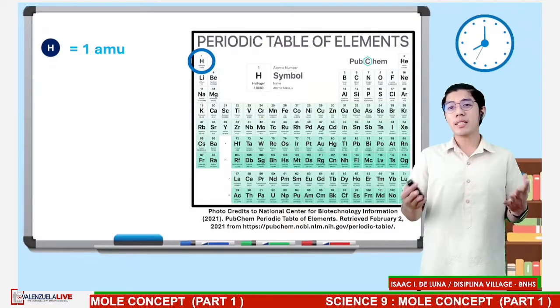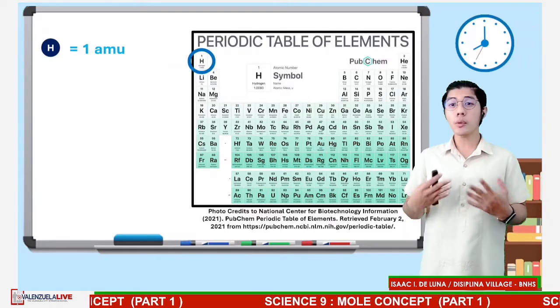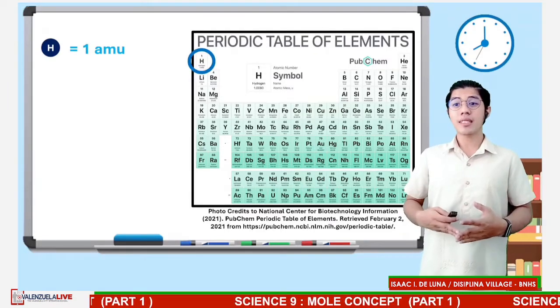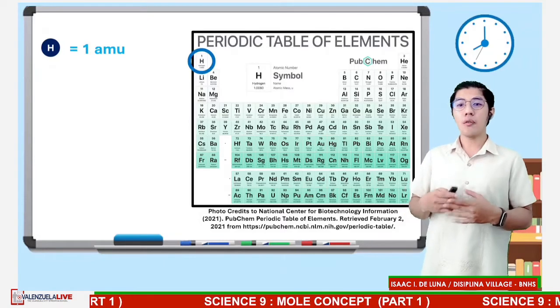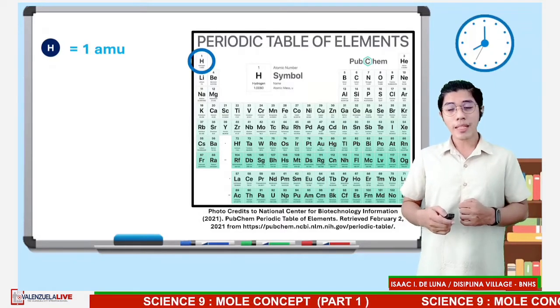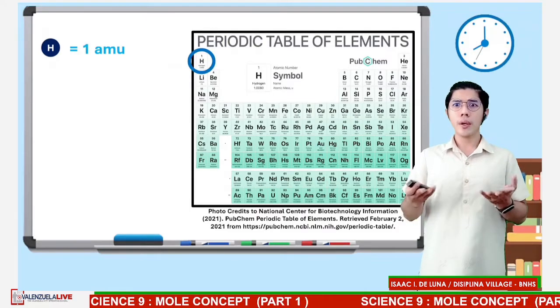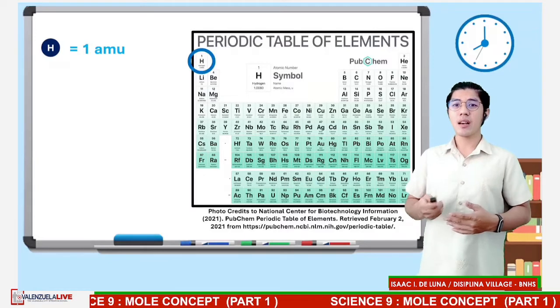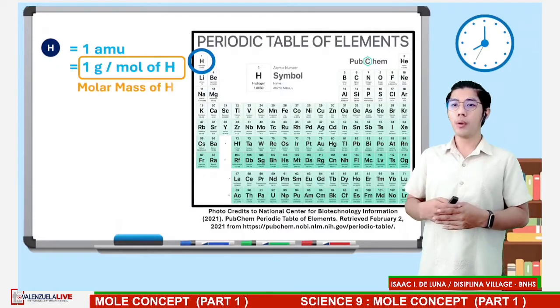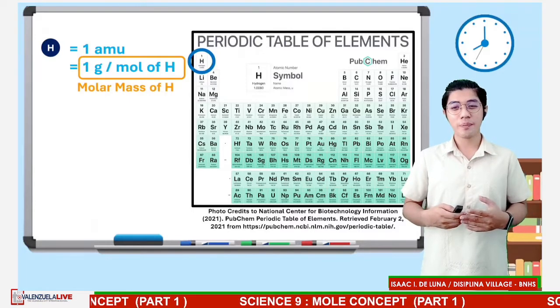This element's atomic mass is also numerically equivalent to what we call its molar mass, or the mass of 1 mole of this substance. And molar mass uses the unit grams per mole. So, this will give us 1 gram per mole for the molar mass of hydrogen.